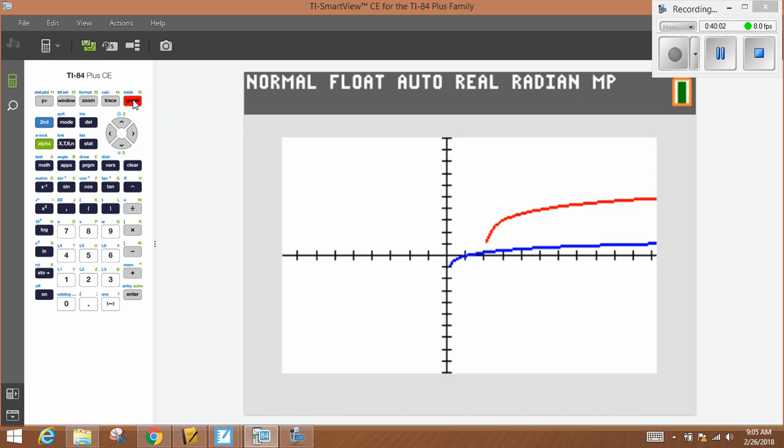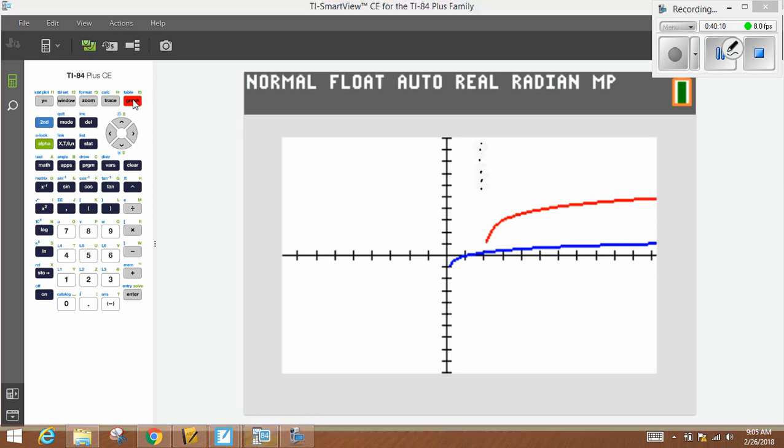This one technically has an asymptote here at x equals 2.